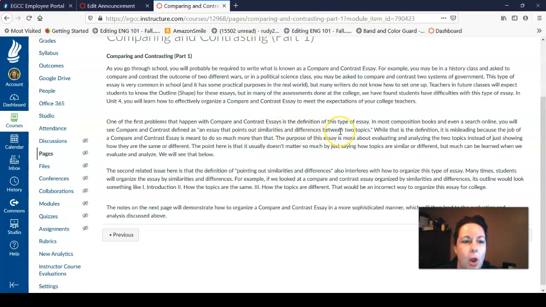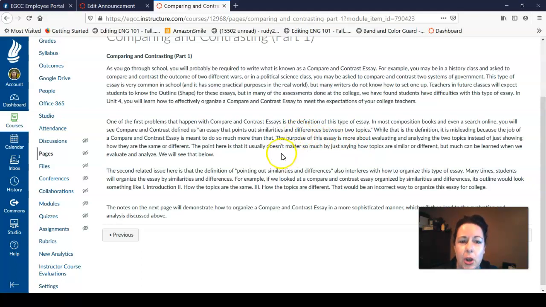That is part of it, but I don't want you to stop at that point when you're writing your essay. That's going to be one of the first things you do: you're going to compare and contrast two different topics and look for those similarities and differences, but there needs to be a little bit more of a purpose behind it. It's not just what is the same and what is different. It's also evaluating and analyzing.